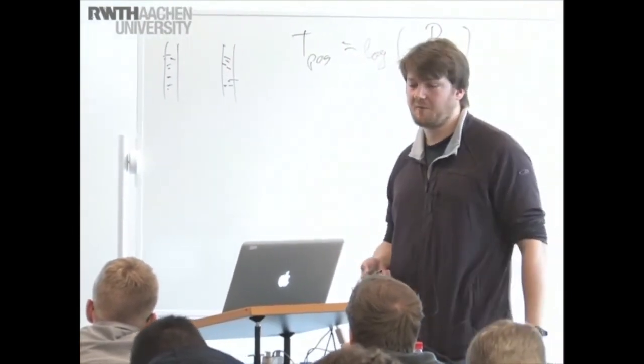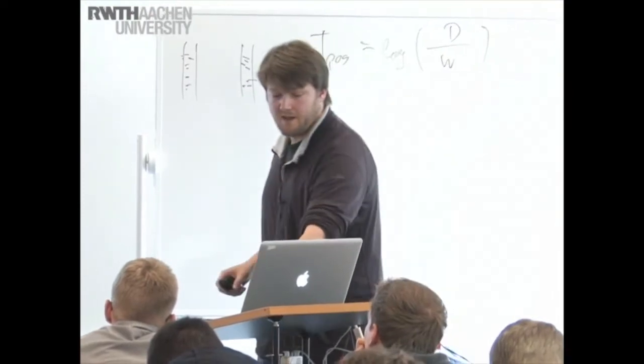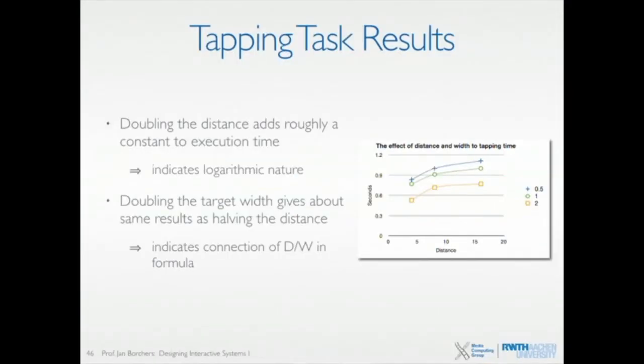And so this is the data that we got, I think, in 2011 or something, where we actually recorded for everyone the number of taps that they got. And it showed there as well, if I'm doubling the distance, it's roughly a constant to the execution time that I'm having, which indicates that it's a logarithmic relationship.